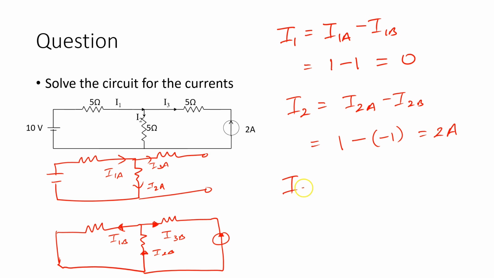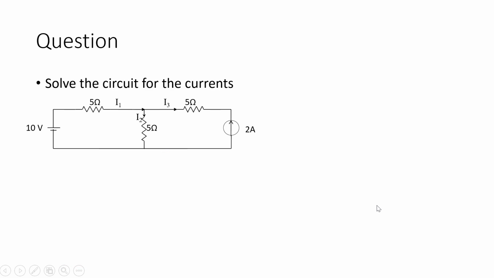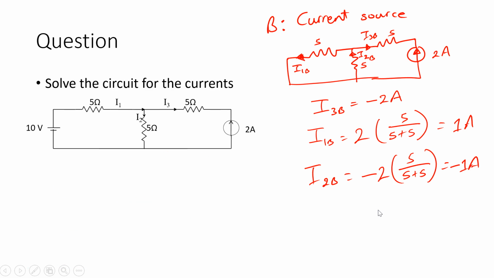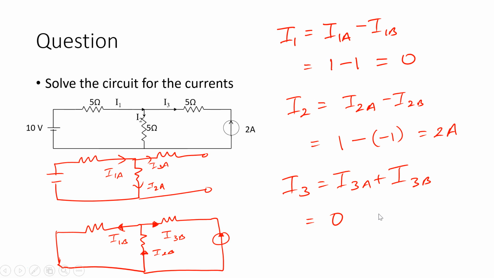And then we have I3, which is equal to I3A plus I3B, since it's also in the same direction, and I3A was 0 and I3B was minus 2. So we have minus 2 amps there.